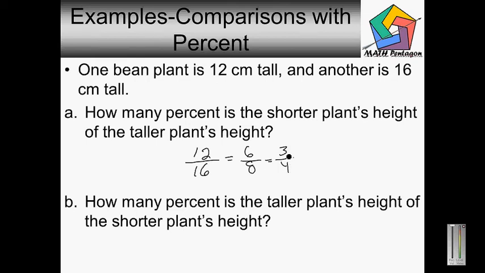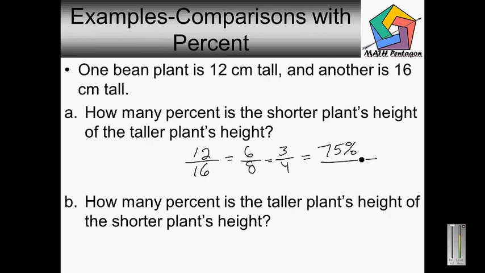So we have 3/4. Now what we do is 3 divided by 4, which gives us 0.75, and you multiply that by 100, of course, and you should get 75% as your final answer for this one. So 75% is the shorter plant's height of the taller plant's height.